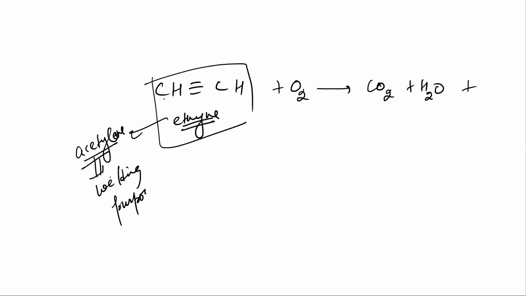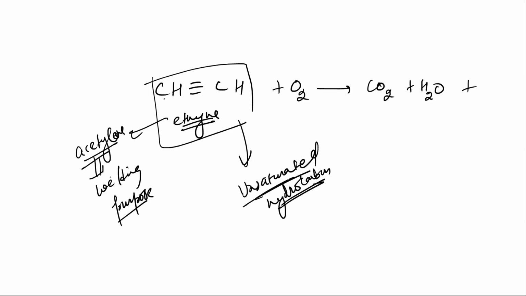But since it is an unsaturated hydrocarbon, an external supply of oxygen is needed. Are you getting my point? Why? Because in order to burn it completely, if no external supply of oxygen is given and it is burned in open air, it will burn with a sooty flame and produce unburned carbon particles.